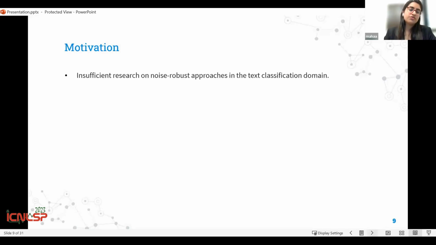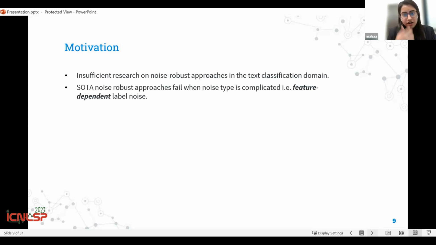So the motivation of our work is as follows. There's insufficient research on noise robust approaches in the text classification domain, as we just saw. Most of the state-of-the-art approaches fail when the noise type is more complicated, such as feature-dependent label noise. Since, as I just described, the noising schemes are imperfect, so are the noise handling methods really robust?